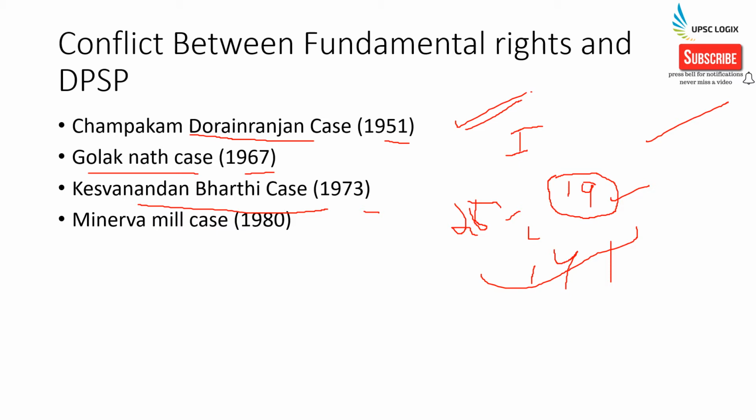However, the first provision of Article 31C was held to be constitutional and valid. So Keshwanandan Bharti case was basically about the 25th Amendment Act and the two provisions which were inserted into the Constitution by the 25th Amendment Act.